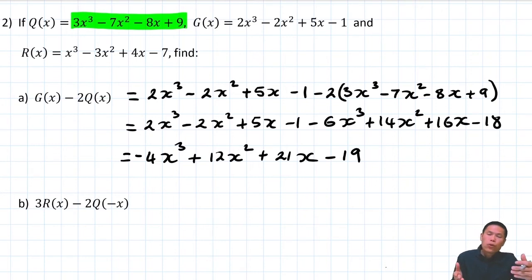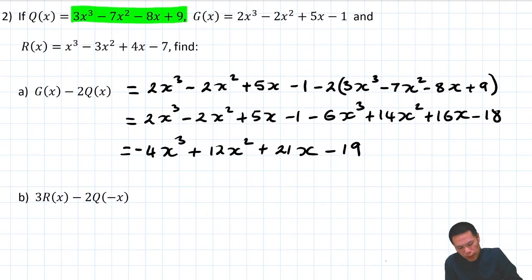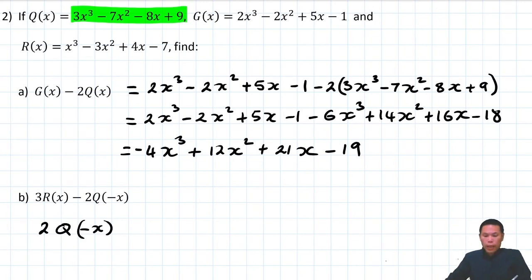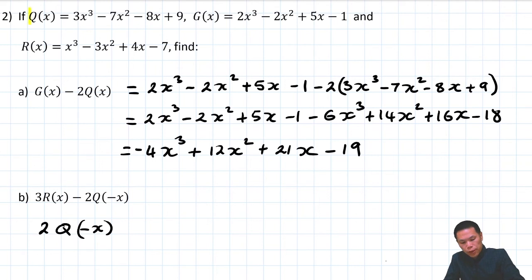So I just do 2 lots of q of negative x first, okay? So I just write underneath here 2 lots of q of negative x. So that is every time I see x for q, so for this q here, every time I see x, I must replace with negative x.